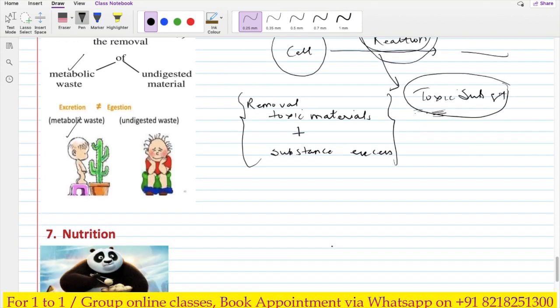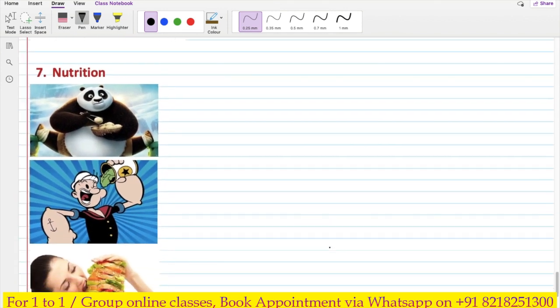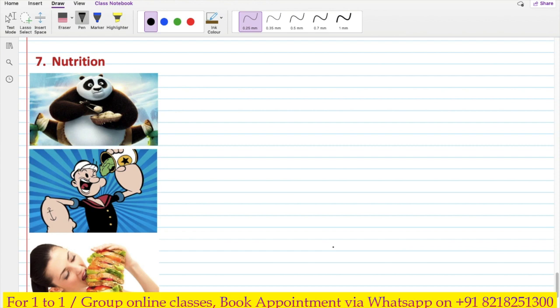This is excretion. And finally, last but not the least, nutrition. Kung Fu Panda needs energy because he needs to fight the bad people. Popeye, we used to see that he would eat spinach and then he's the most powerful person. And yes, of course, we people love eating. So what is nutrition?